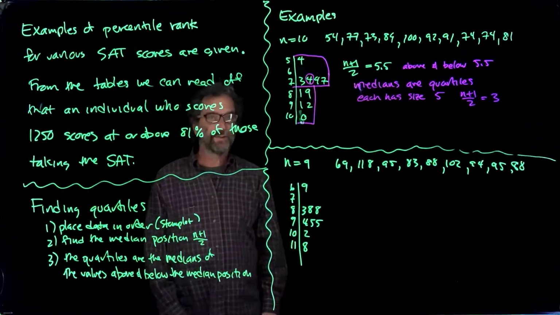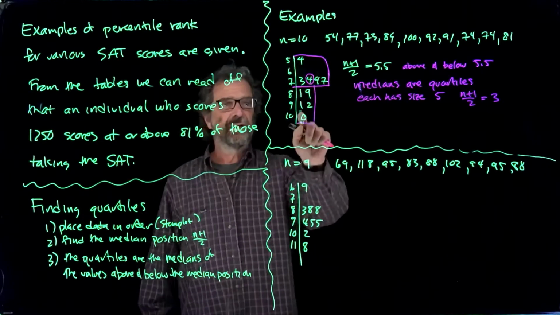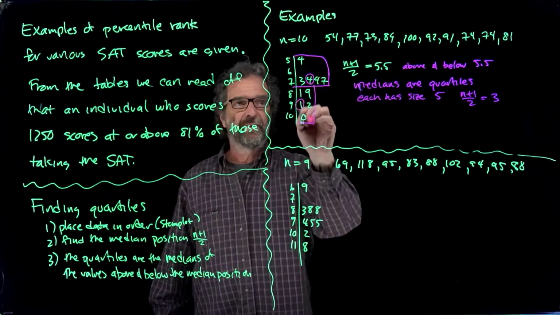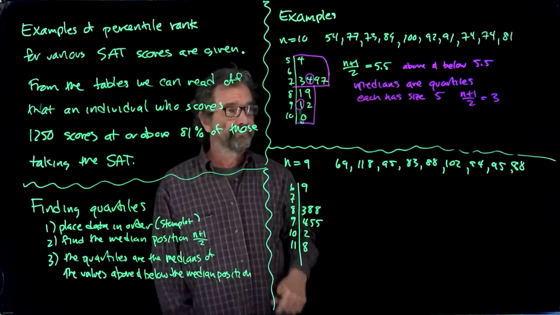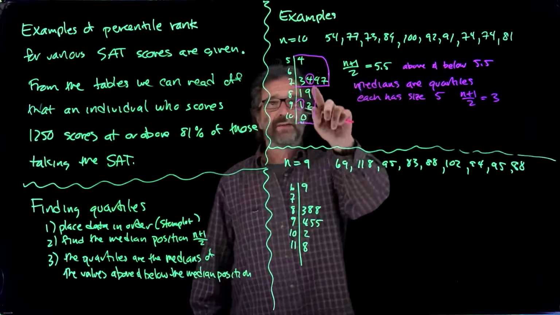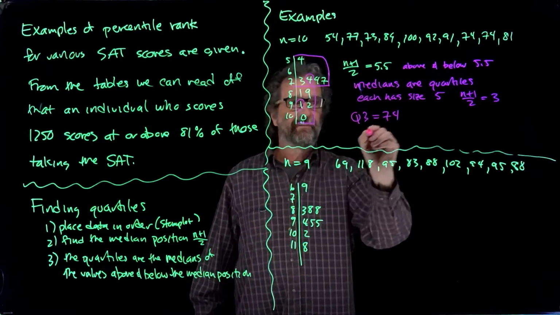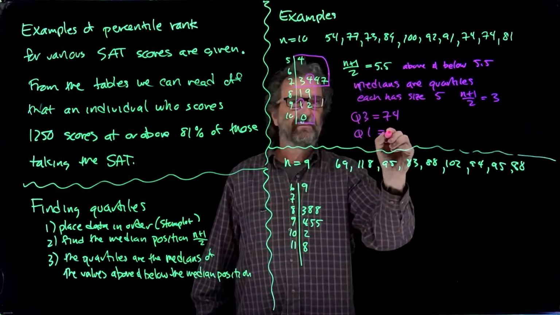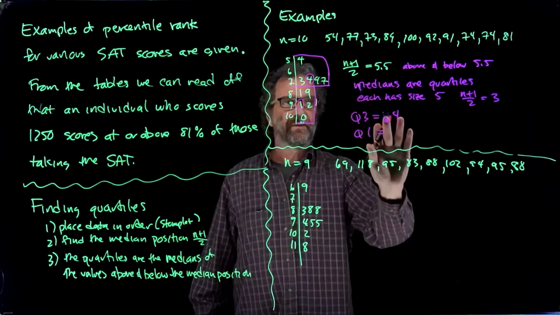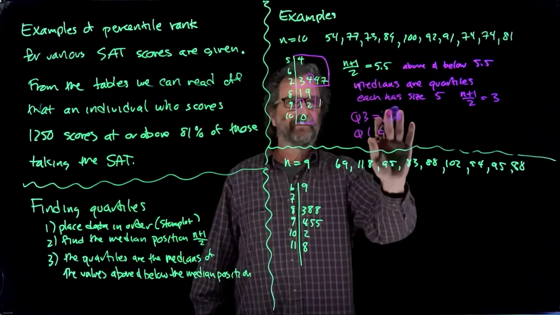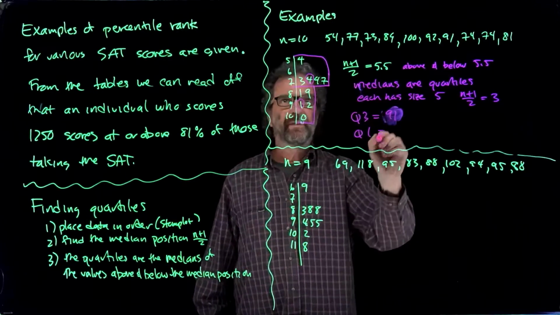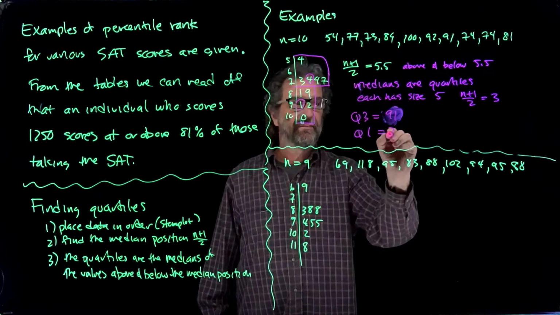Third from the bottom, third from the top, and then do it again over here, going up 1, 2, 3, going down 1, 2, 3. So there's 74. Q3 is 74, and Q1, oh, I got it upside down, sorry. Q3 is the big one. Q3 is 91, and Q1 is 74.